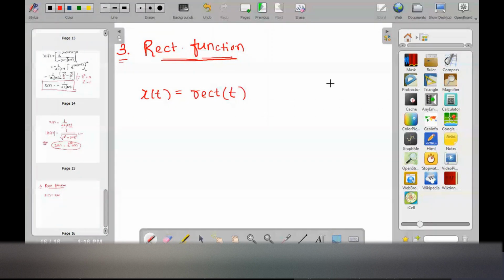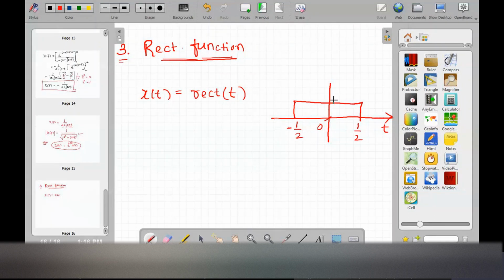So it is very simple. Just plot this signal. This is time, here is 0 and the signal will be like this. Here it takes value 1 by 2, here minus 1 by 2, and this amplitude is 1. This is called rect of t.